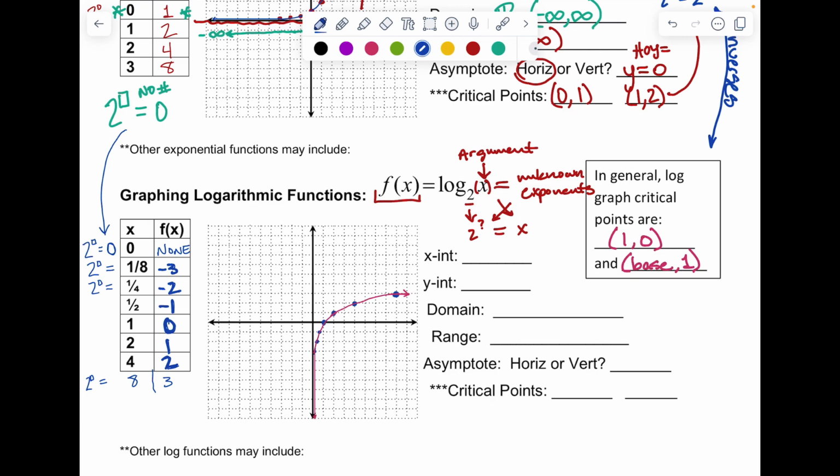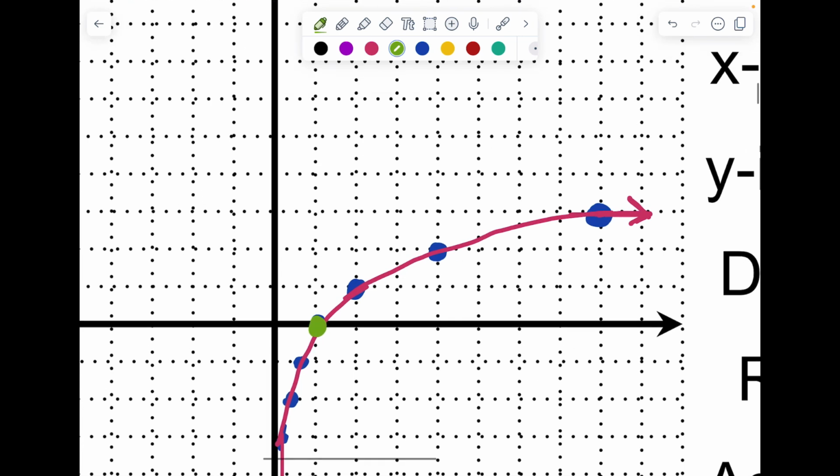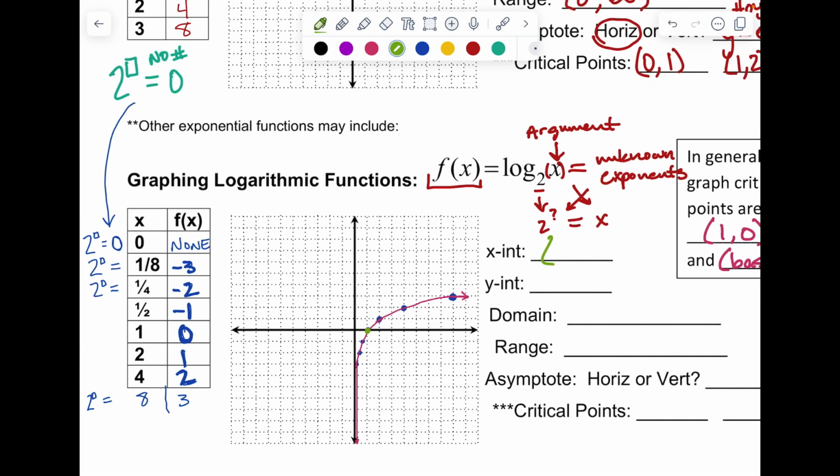Well, our x is crossed right here at 1, 0. But we never actually cross the y-intercept. And we showed that here where we said there's no value that we could input to our logarithmic parent function that would get us to cross that y-intercept.